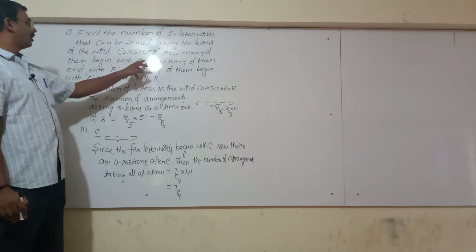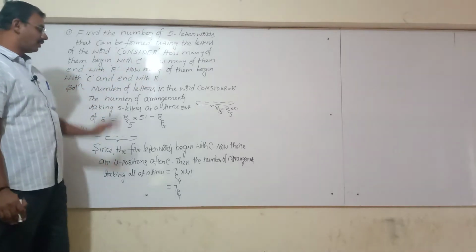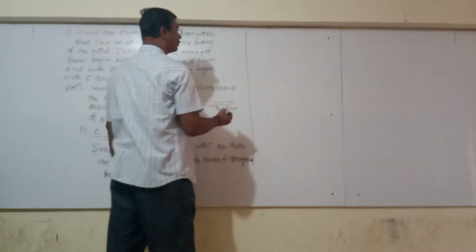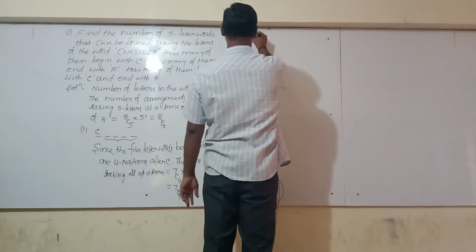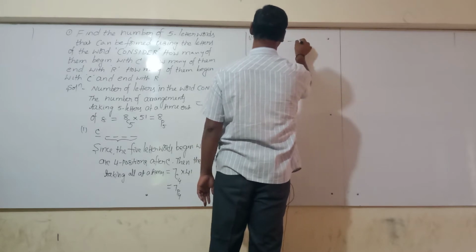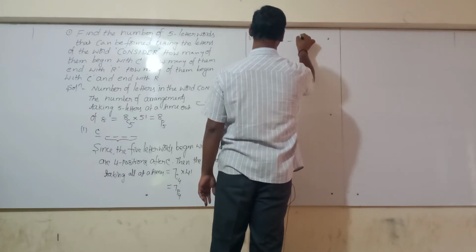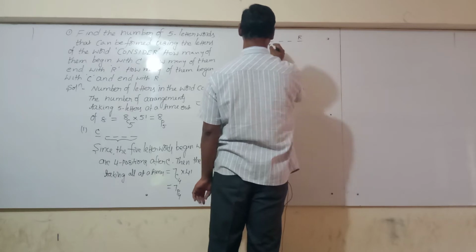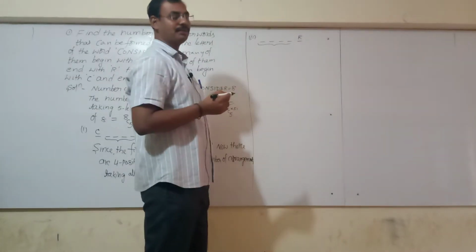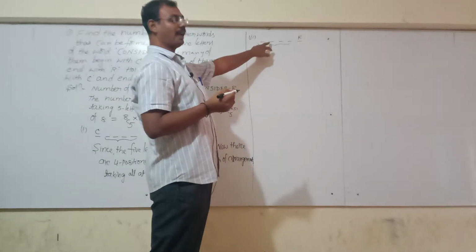Next question: how many of them end with R? See here, take the 5 positions. The last place we should fill with R only. Now before R, how many blanks are left? There are 4 blanks.